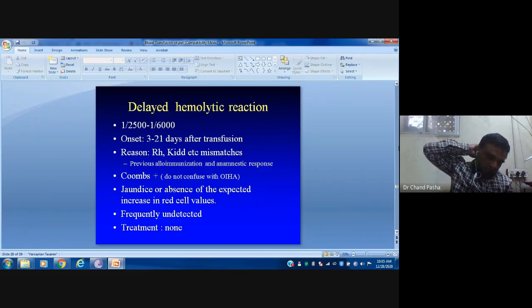Some clotting proteins also can make antibodies, and these antigen-antibody reactions also lead to delayed reactions. Generally it is not detected, but even if it is detected, you cannot do much.